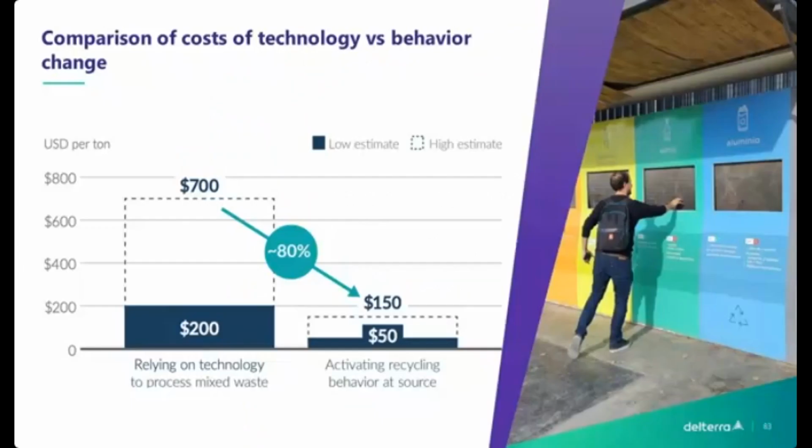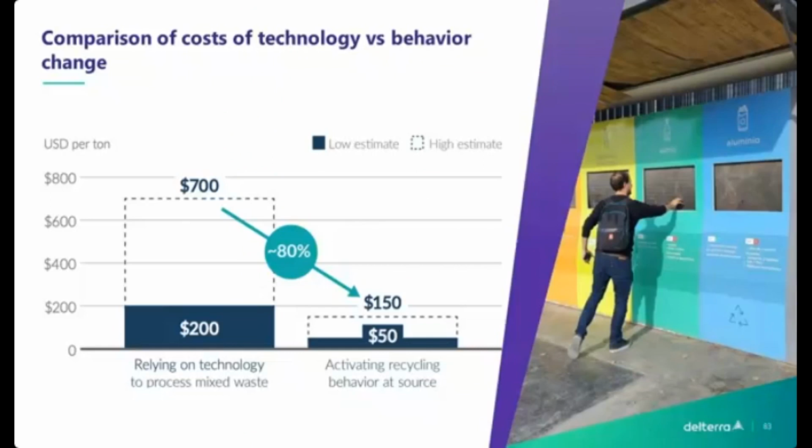And so one thing I do want to highlight that hasn't been mentioned as much right now is that behavior change actually can be the most cost-effective way to keep organics out of landfill and to develop circular solutions for this. More effective, as we found, and more economical than using technology.